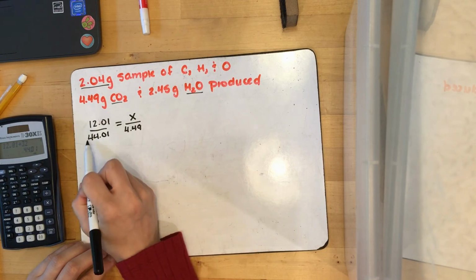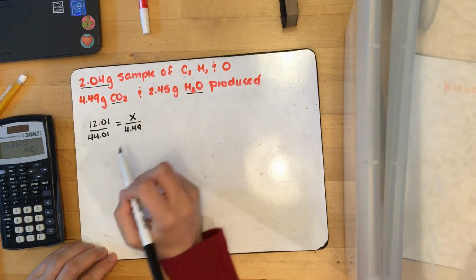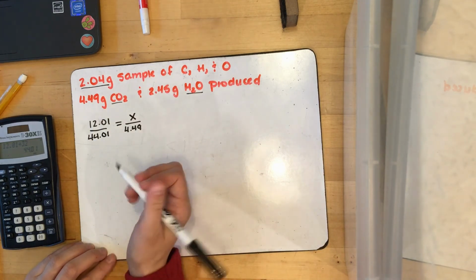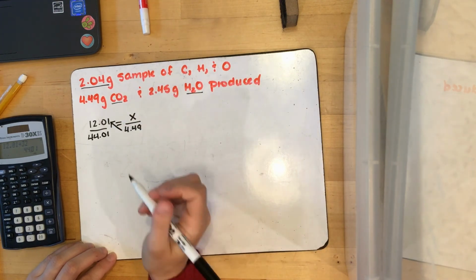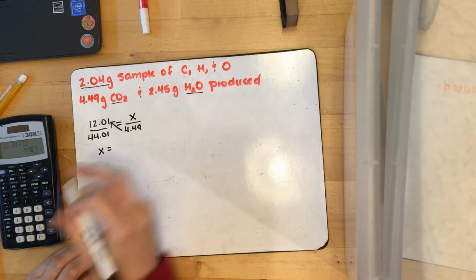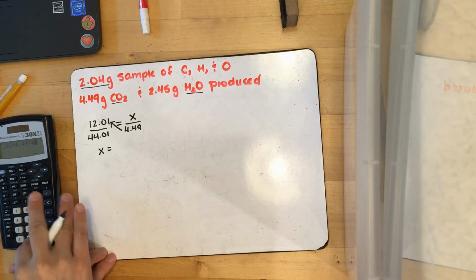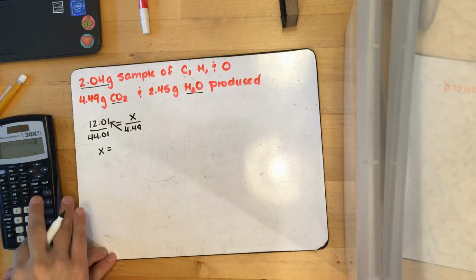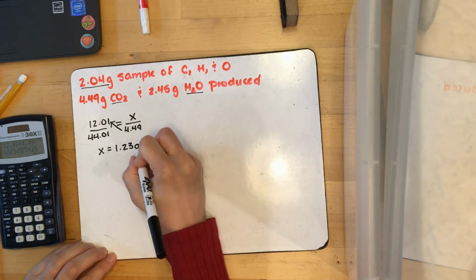So the molar mass of carbon over the total molar mass of CO2, and then the unknown mass of carbon that we're trying to find over the mass of CO2 that was produced. So it's a cross multiply problem, so we just multiply that to the other side. So we multiply and divide. And we get 1.23 grams of carbon.